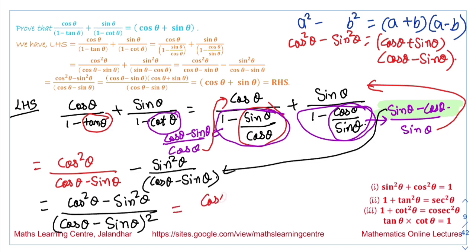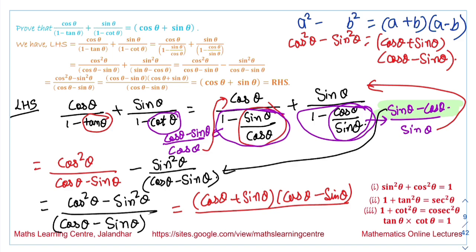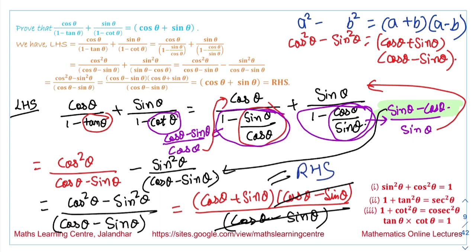We are saying this is cos theta plus sin theta into cos theta minus sin theta upon the denominator part we have, it is cos theta minus sin theta. These two get cancelled and this part that we are getting is equal to RHS. So what we are saying is that LHS is equal to RHS.